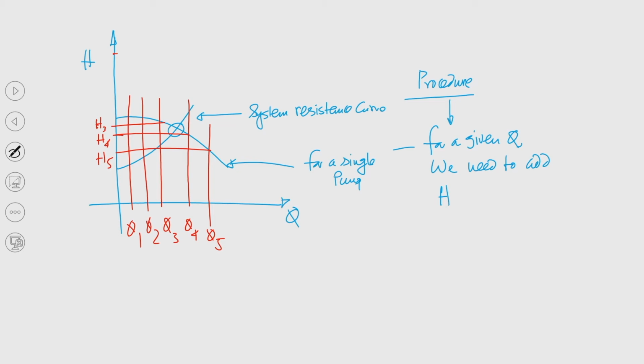So, basically for that Q3 this will be H3 plus H3, 2 H3. So, basically we will be getting a point over here, another here, another here, like this. So, the combined curve will be like this, right.